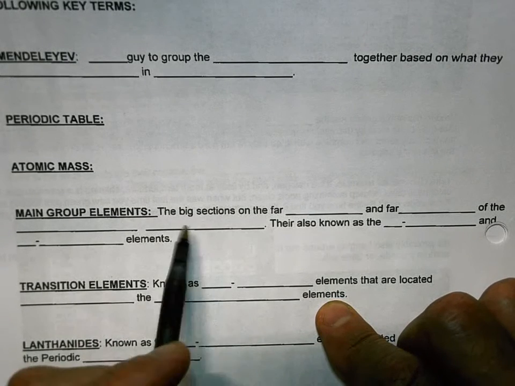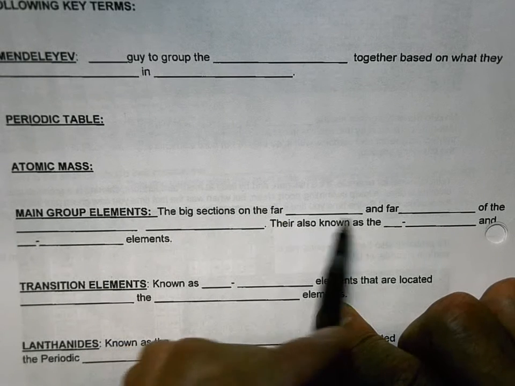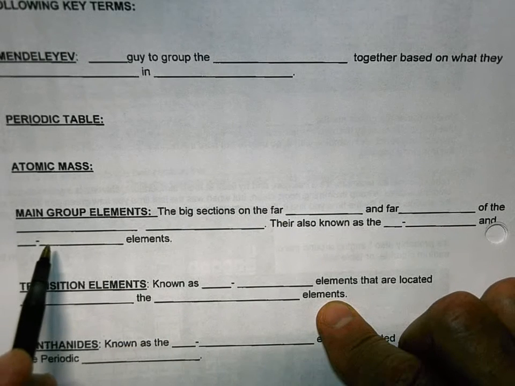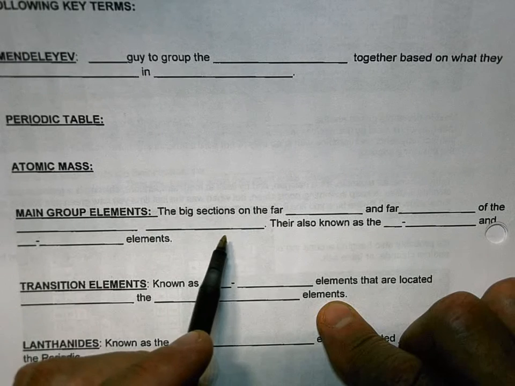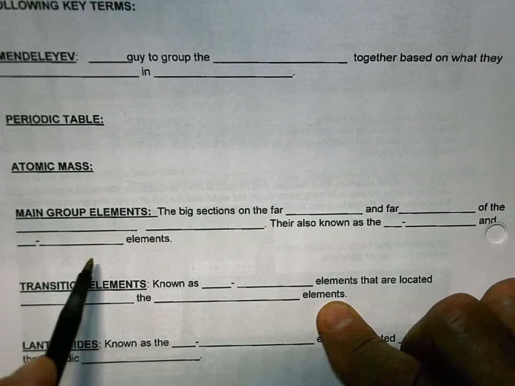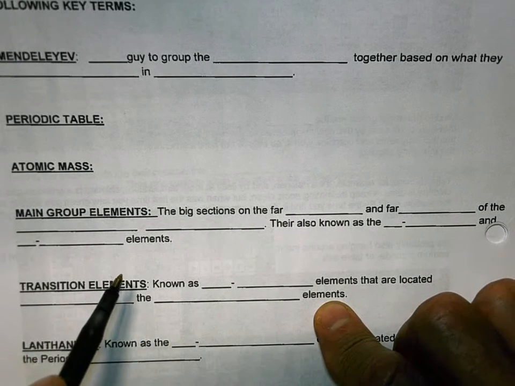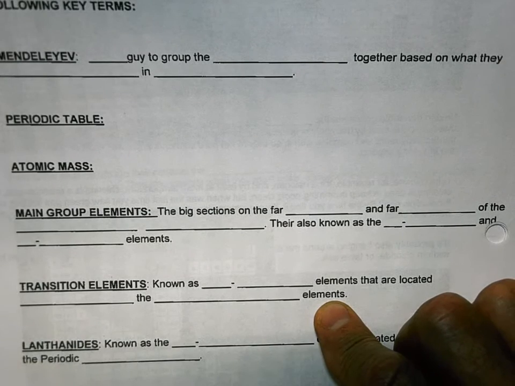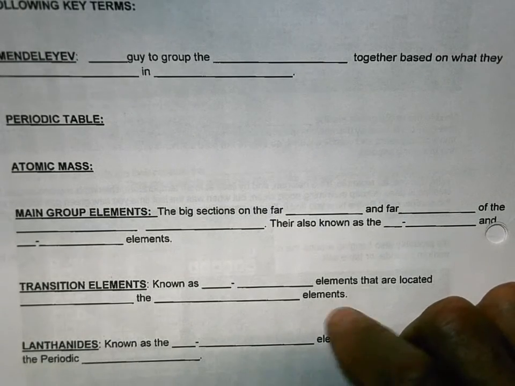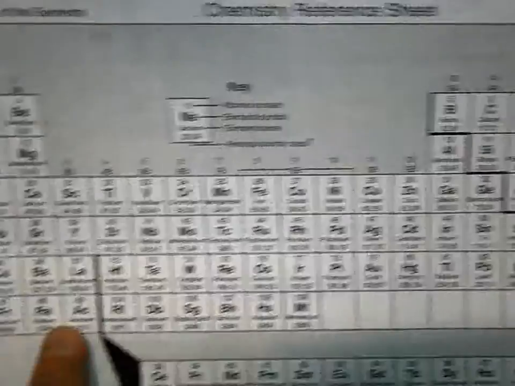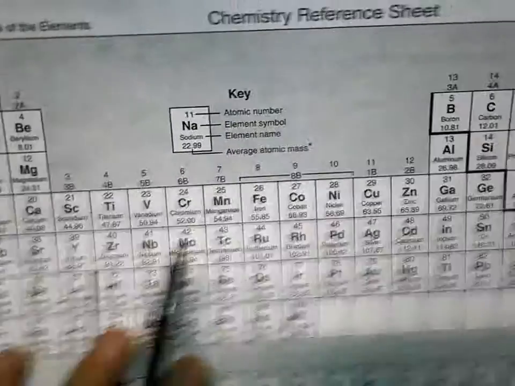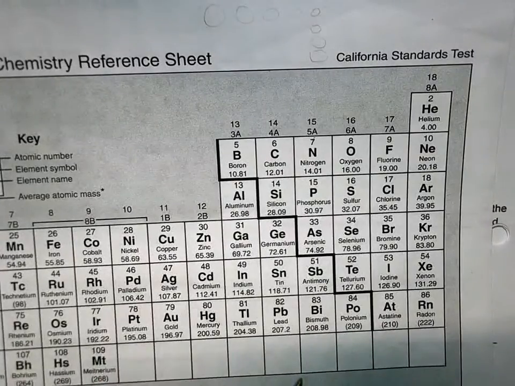Again, that's the big sections on the far left and far right of the periodic table. They're also known as the S block and the P block elements.